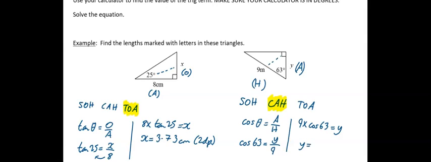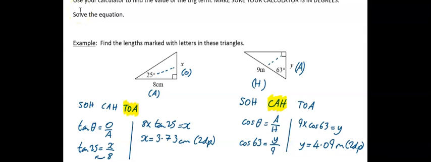Close your bracket, press equals. What you're going to get is 4.09, and that's going to be meters, to 2 decimal places again.